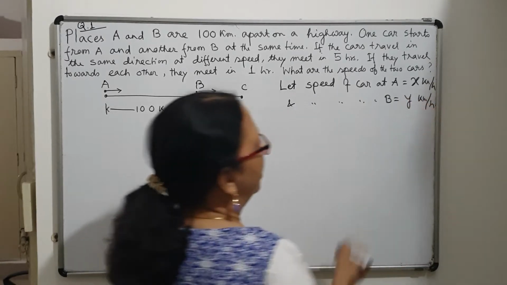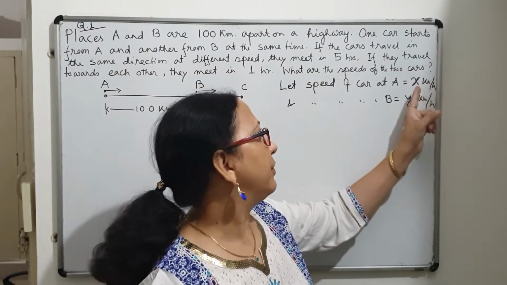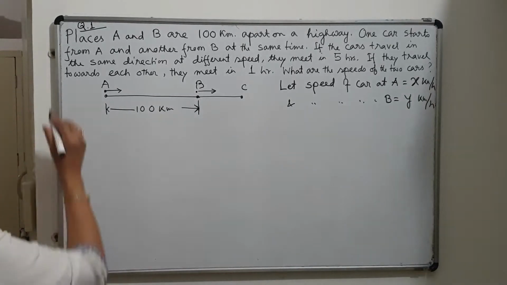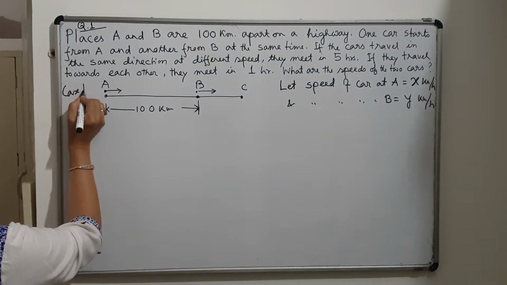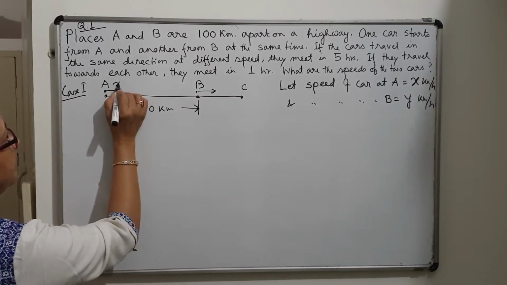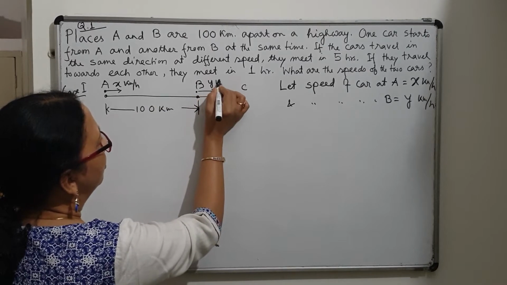You see, whenever we define a variable, we always give the proper unit along with the variable. So speed is in kilometer per hour. Now case 1, when they are moving in the same direction, the speed at A is x kilometer per hour and the speed at B is y kilometer per hour.